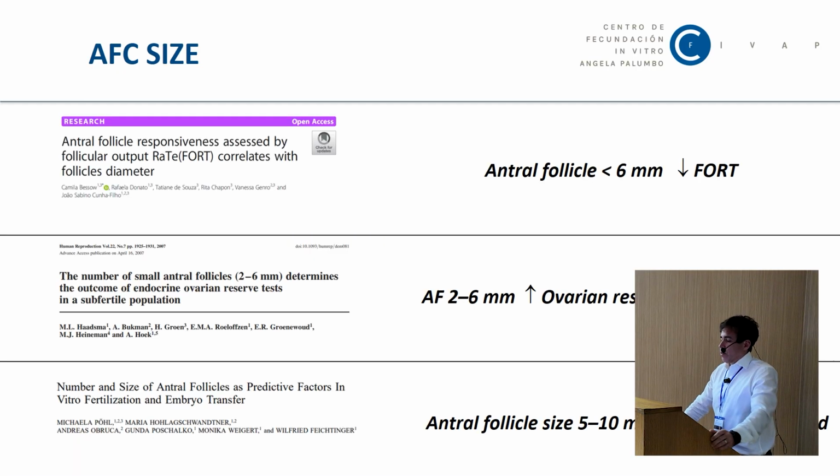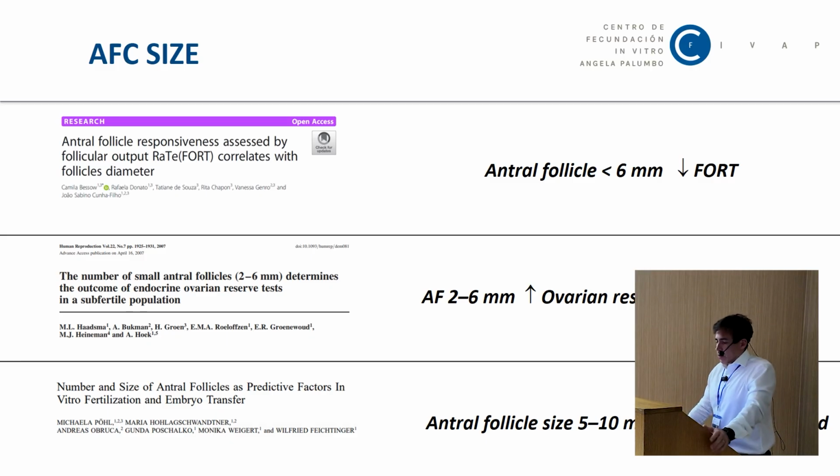And antral follicle size studies are very controversial. We have these 3 studies trying to relate antral follicle size with ovarian response to stimulation. In this first study, Beso group concluded that antral follicles lower than 6 millimeters were related with low FORD, the follicular output rate.